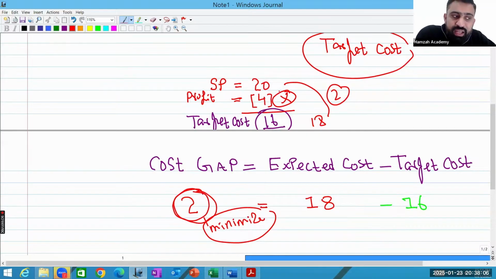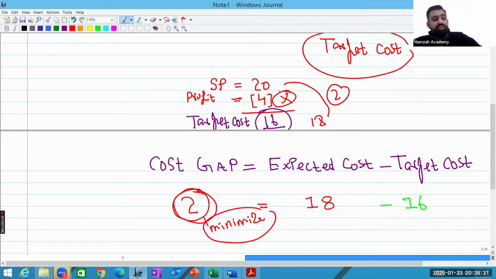And as I am telling you in my example, if your sale price is 20 and your profit requirement is 4, then you have to complete the product within $16. And if you are taking more cost, the difference will be the cost gap, and you have to make the strategies to minimize that cost gap.